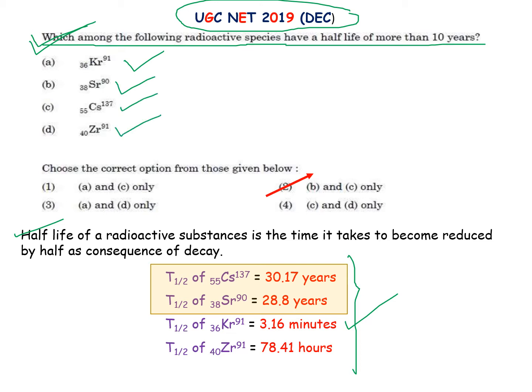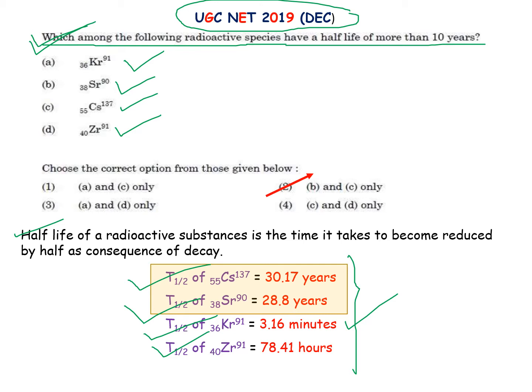Here you can see the half-life of cesium is 30.17 years, strontium 28.8 years and krypton 3.16 minutes. You should remember, as we know, kryptonite is a famous element that we can see in the Superman movie, so you should remember this also. This is the smallest half-life. Now zirconium has 78.41 hours.